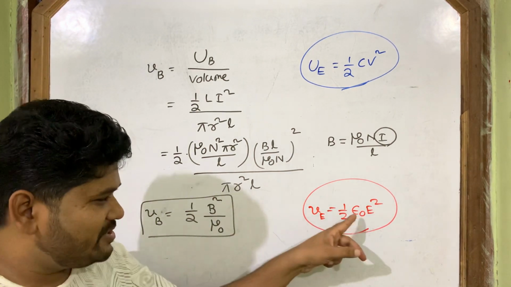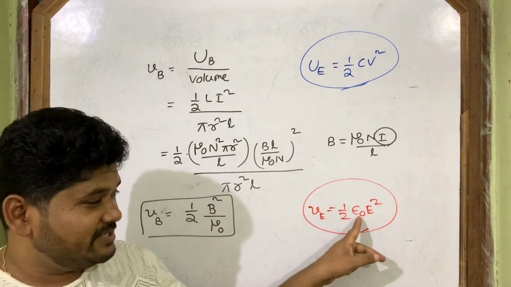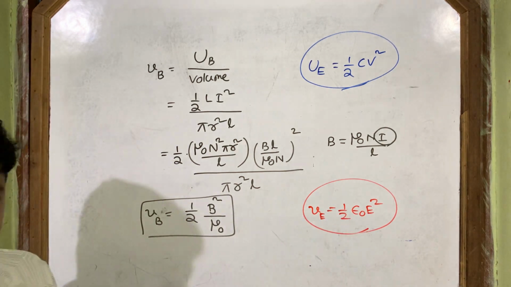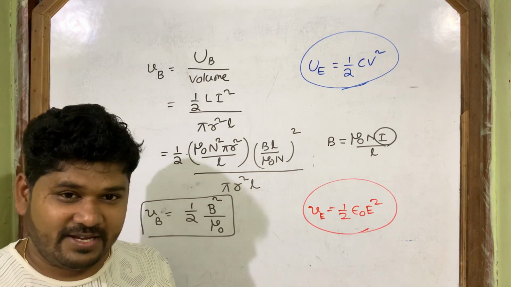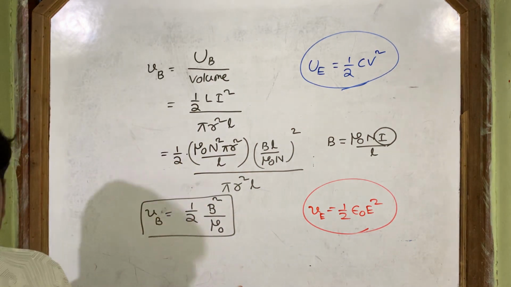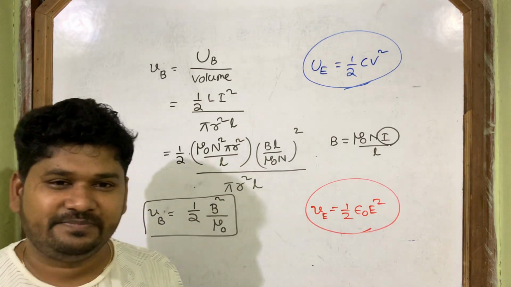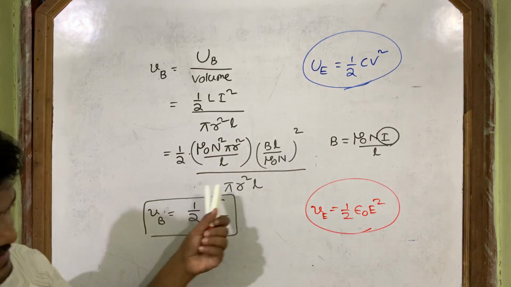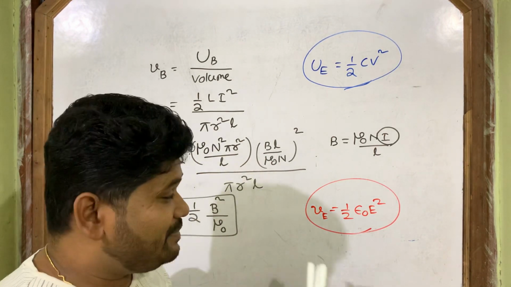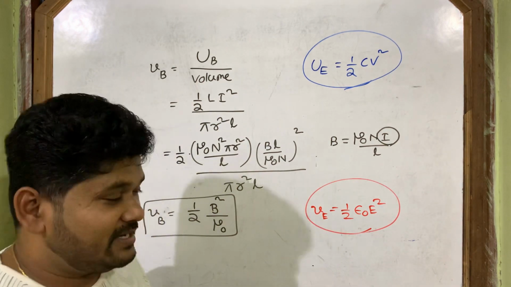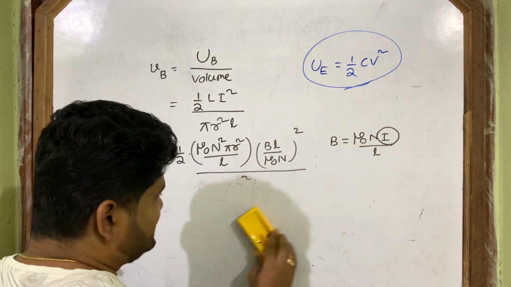And you know about epsilon naught, mu naught. If epsilon naught is in the numerator, mu naught will be in the denominator. Okay, from the starting they are behaving like that. So energy density expressions are also the same. So this is about the energy stored in inductor as well as the energy density of inductor.